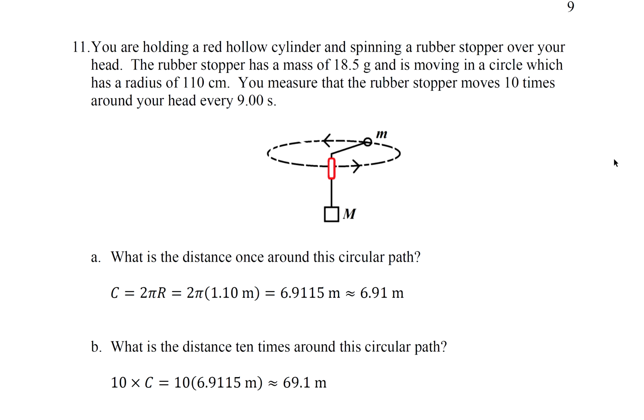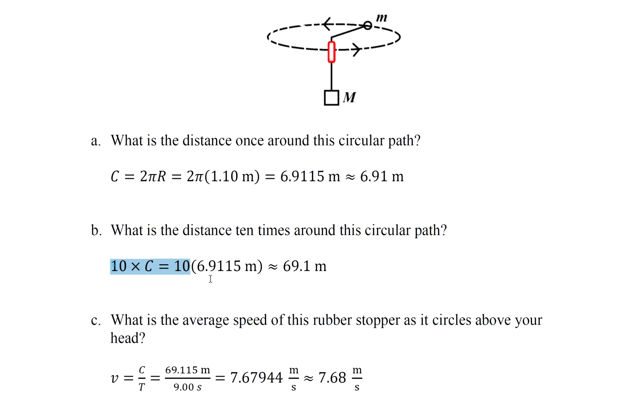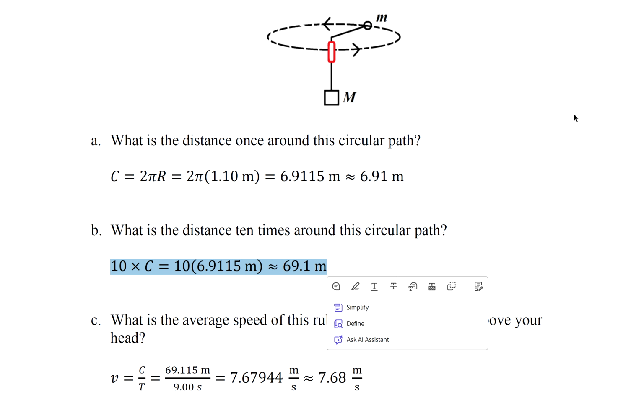You measure that the rubber stopper moves 10 times around your head every 9 seconds. Part A, what is the distance once around the circular path? The distance around a circle is called the perimeter of a circle, which is also called the circumference. It has the equation 2 pi r. What is the distance 10 times around the circular path? It's going to be 10 times the circumference.